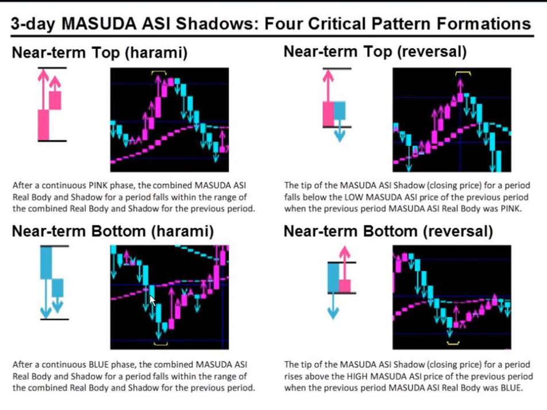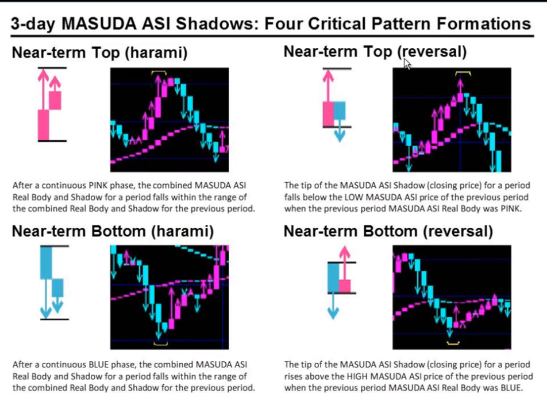So we've had a continuous blue phase in a downward trend. Now the combined Masuda Ashi real body and shadow, this length here, is fully enclosed by the range of the Masuda Ashi real body and shadow for the previous period. Again, this is bullish harami, bearish harami.